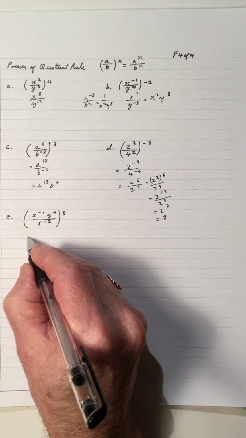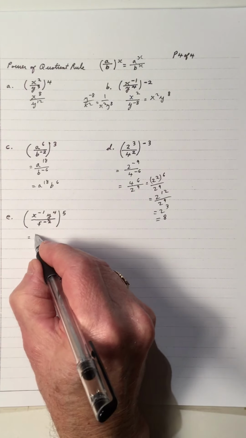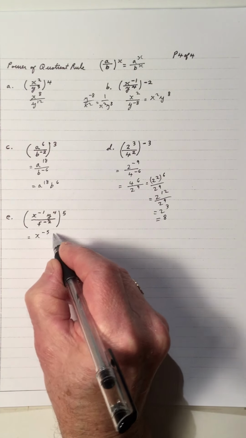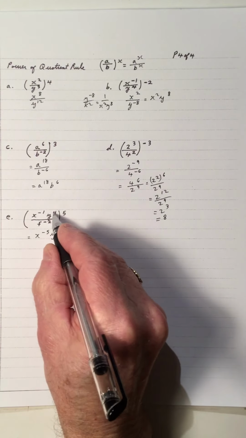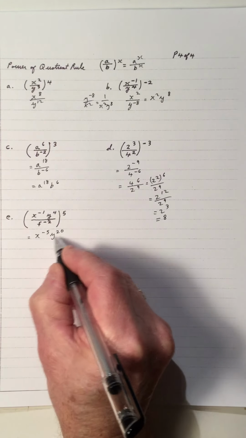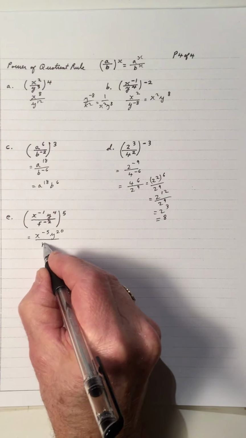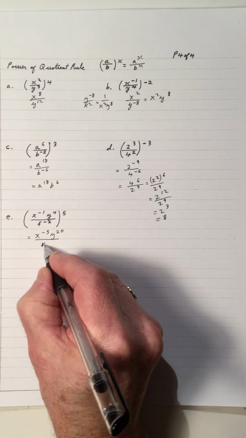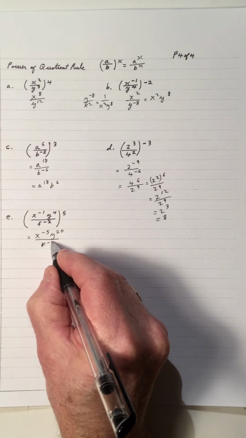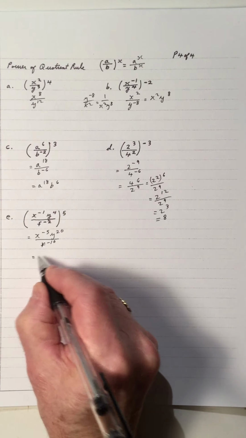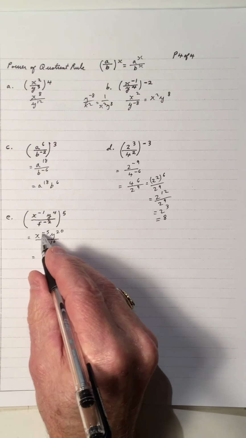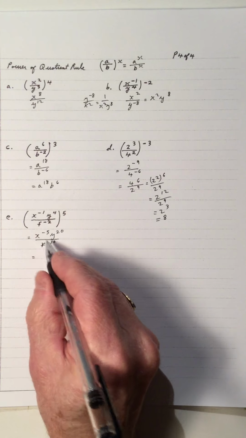E, we have to the 5th power, so that's x to the negative 5. Multiply. 4 times 5 is 20. All over, that's an F. Negative 2 times 5 is negative 10. And we have negative numbers in the powers and exponents.